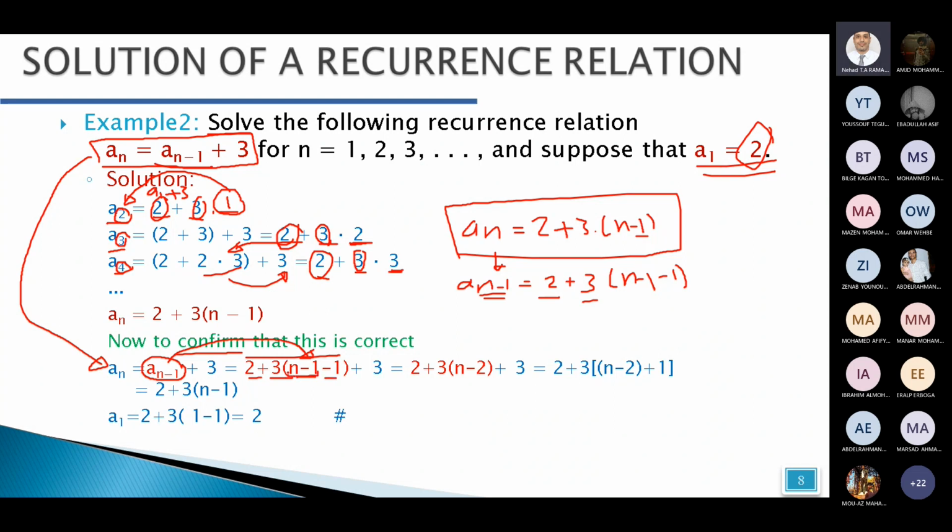Here is the term n, here n minus 1, minus 1. All plus 3, this constant, we take as it is.